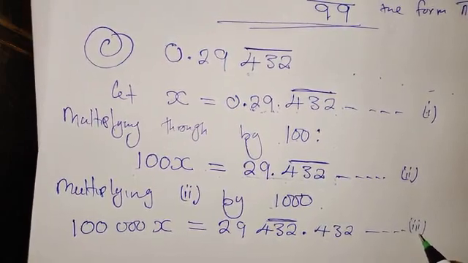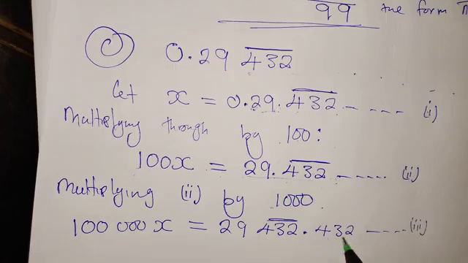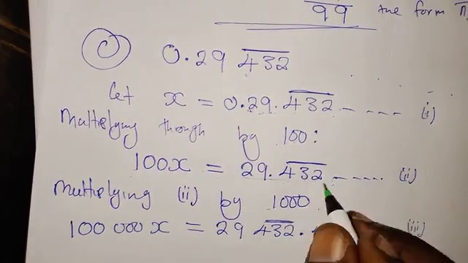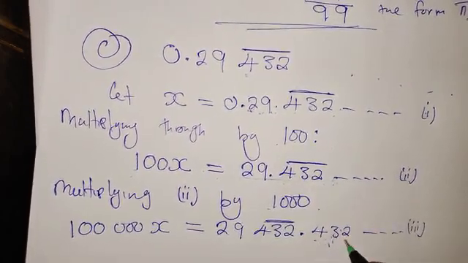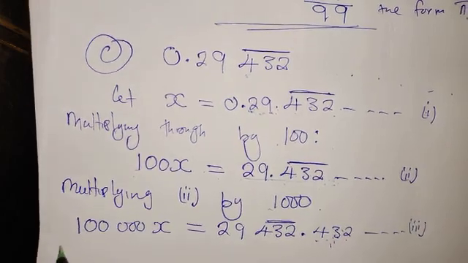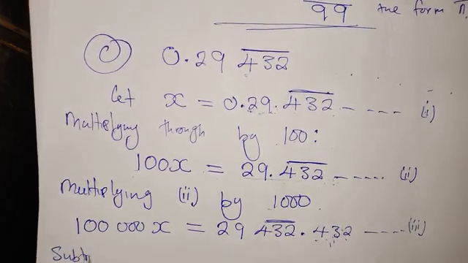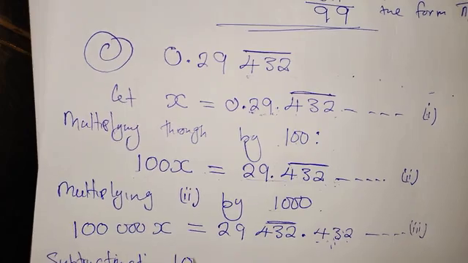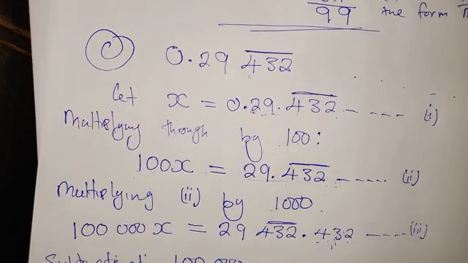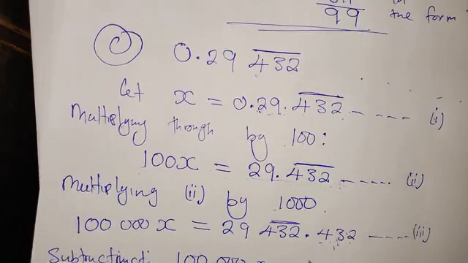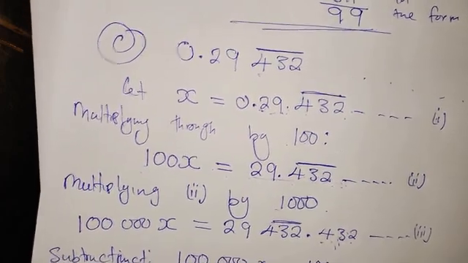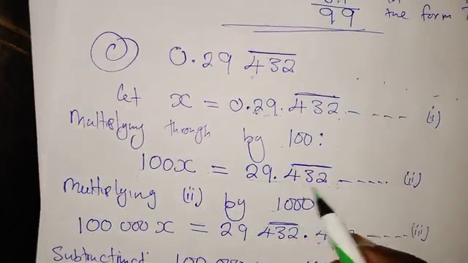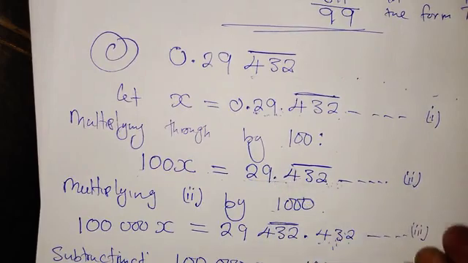What did we say? We only subtract two expressions which have the same repeating numbers. 432 after the point, 432 after the point. So I'm going to subtract 100,000x minus 100x, because these two are the only ones which have the same repeating numbers.